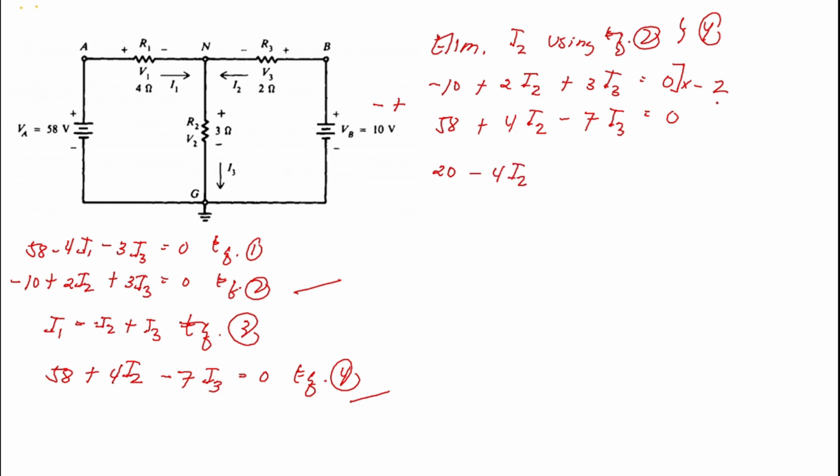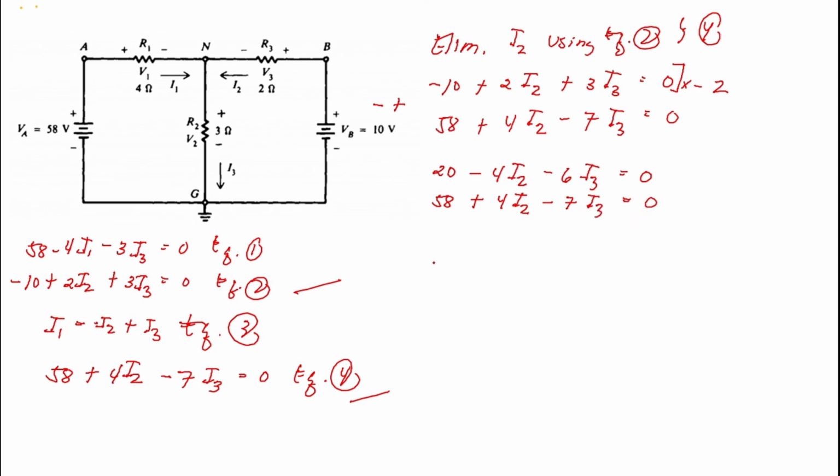And then, negative, positive, magiging negative 2 multiplied by 3 is equals to 6. So, 6I3 is equals to 0. And then, i-write mo ngayon dito yung equation number 4 mo. Ano equation number 4? 58. So, 58 plus 4I2 minus 7I3 is equals to 0.